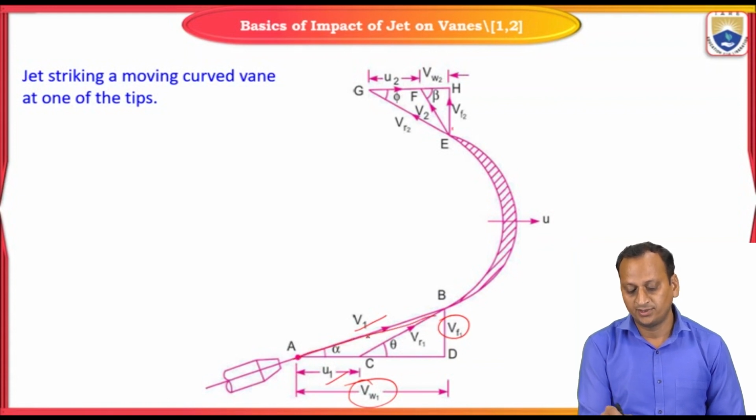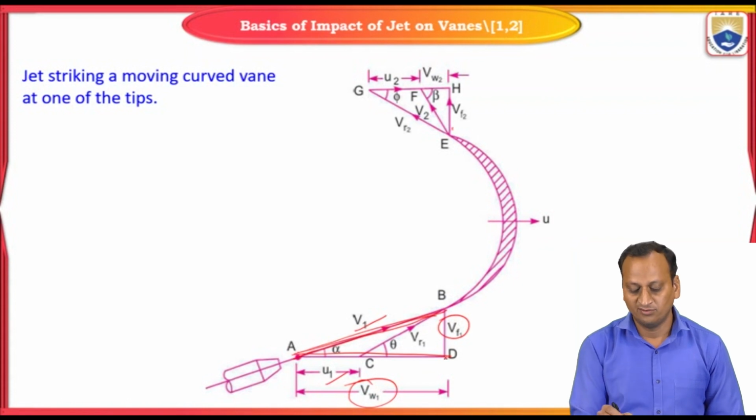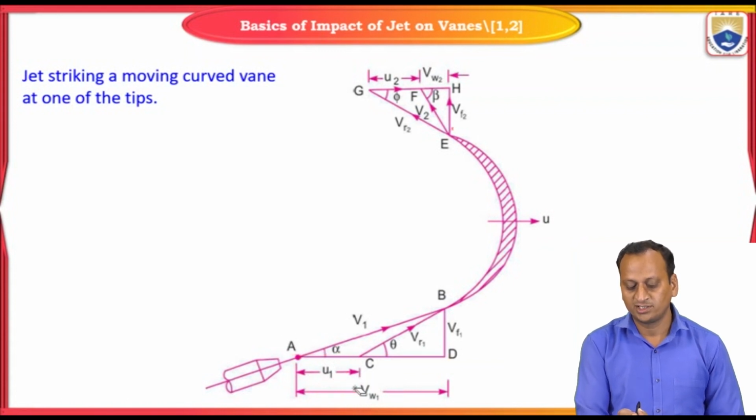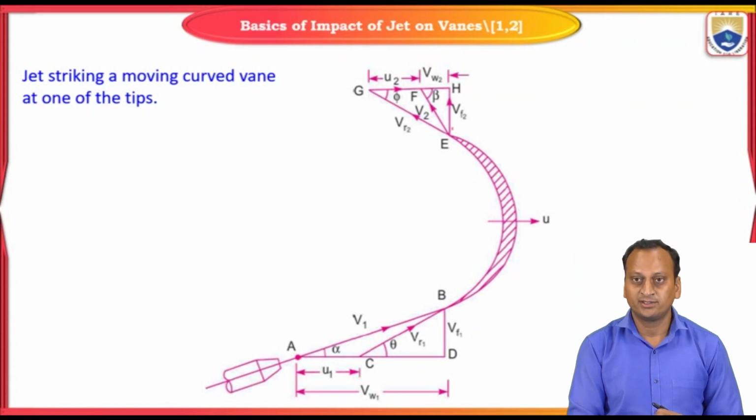After obtaining the jet velocity, it can be resolved into two components, giving the whirl velocity and the flow velocity. Flow velocity is perpendicular to the whirl velocity. Whirl velocity is responsible for the work done. Then this U1 indicates the blade velocity because of V1.